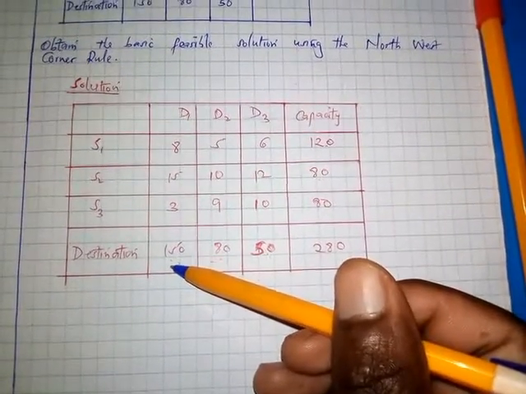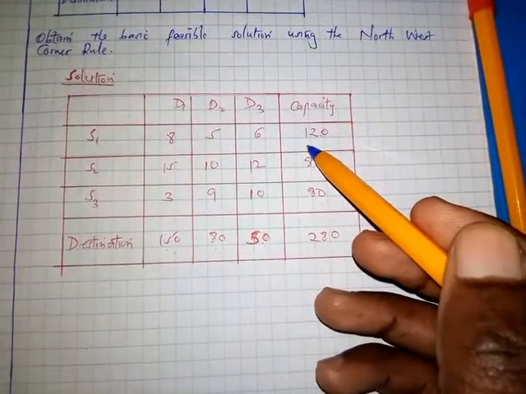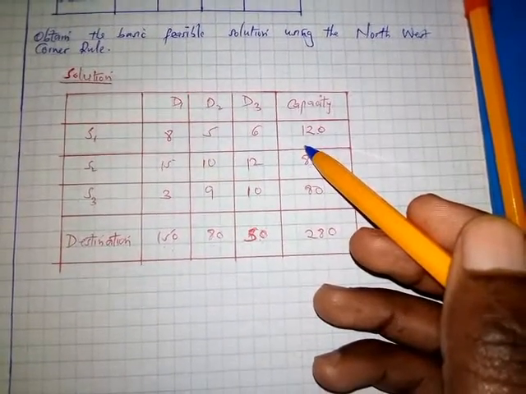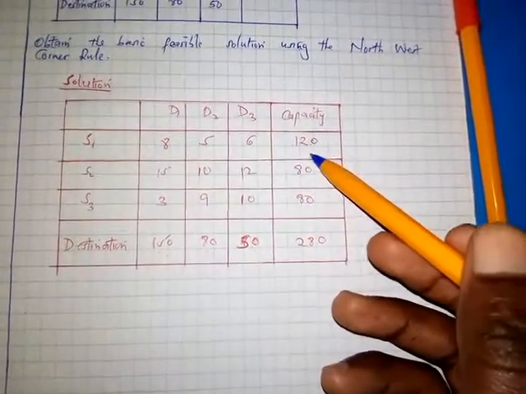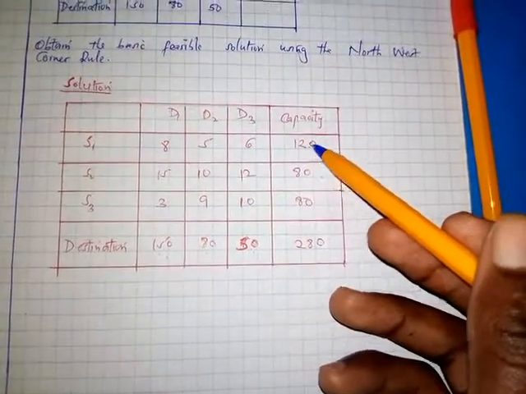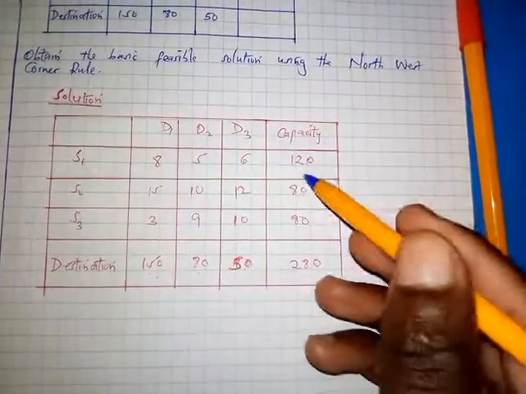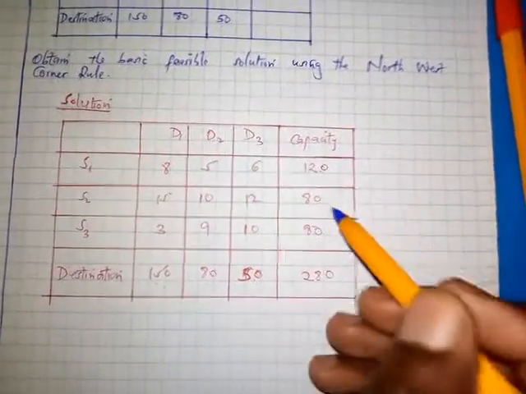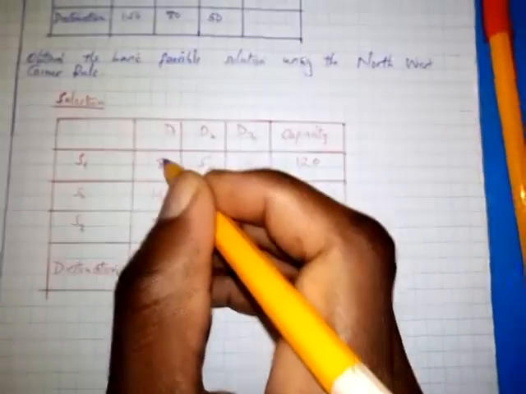So the minimum is 120. So we allocate here 120.